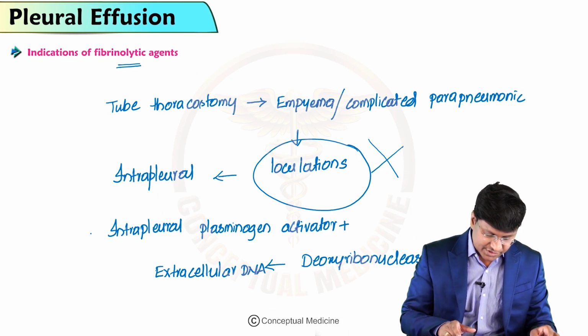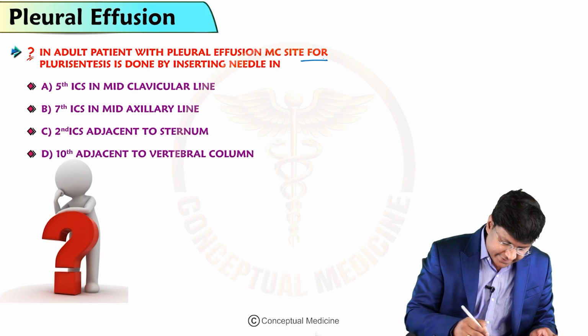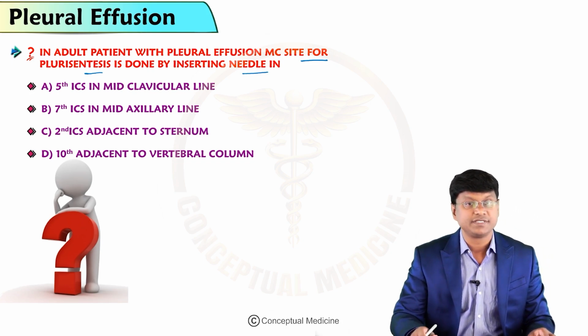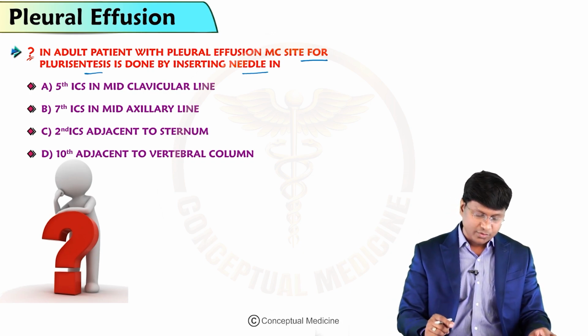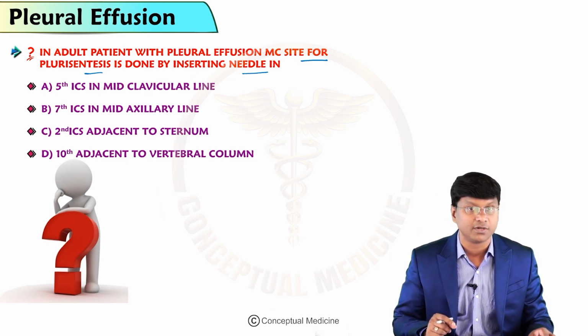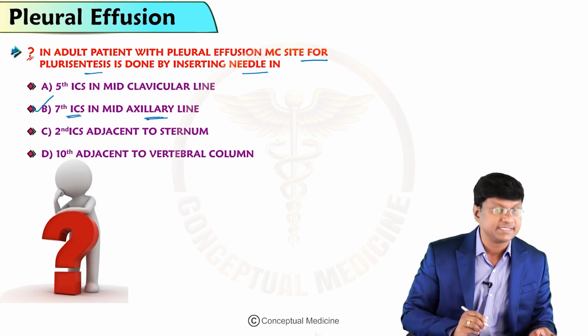If you see some questions here: in an adult patient with pleural effusion, the most common site for pleurocentesis is by inserting the needle in the 5th intercostal space in the mid-clavicular line, the 7th intercostal space in the mid-axillary line, the 2nd intercostal space adjacent to the sternum, or the 10th intercostal space adjacent to the vertebral column. The answer is the 7th intercostal space in the mid-axillary line.